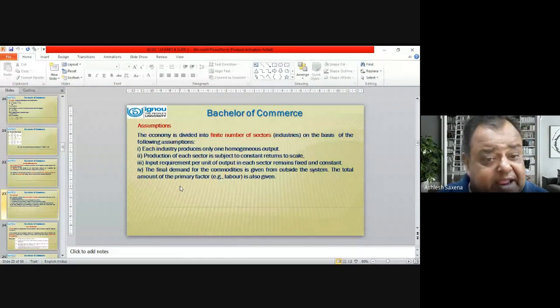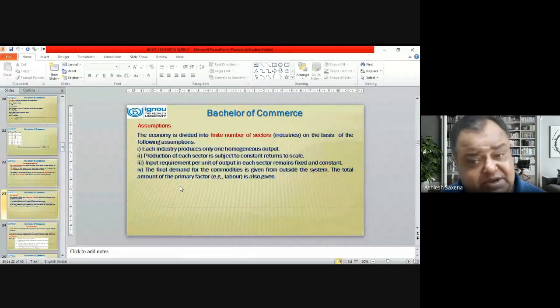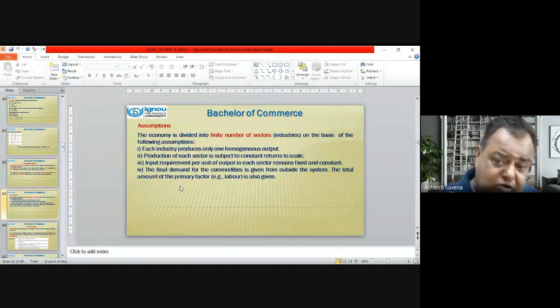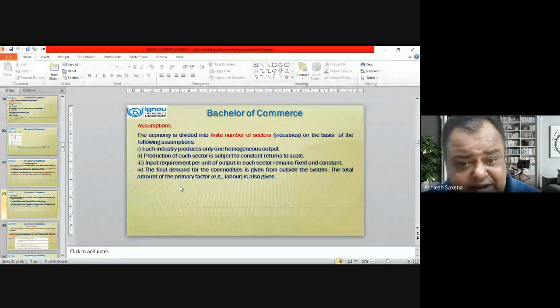Third, input requirement per unit of output in each sector remains fixed and constant. And the final demand of the commodities is given from outside the system. The total amount of primary factor, that is labor, is also given, and we have to consider the labor also.